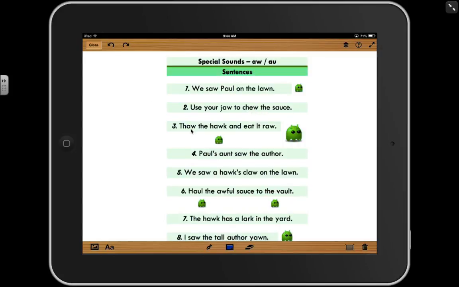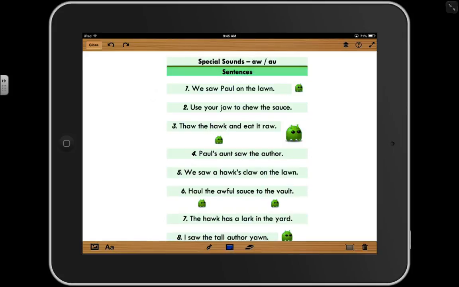All right, let's look at number 3. Right away, we see the AW. Let's think about this. We know the AW says aw. We also know the TH says th. Let's put that together. Thaw. Say it with me. Thaw. All right, here's another AW. Say that with me. Aw. So awk. What's the word then? Hawk. Read it again. Hawk.